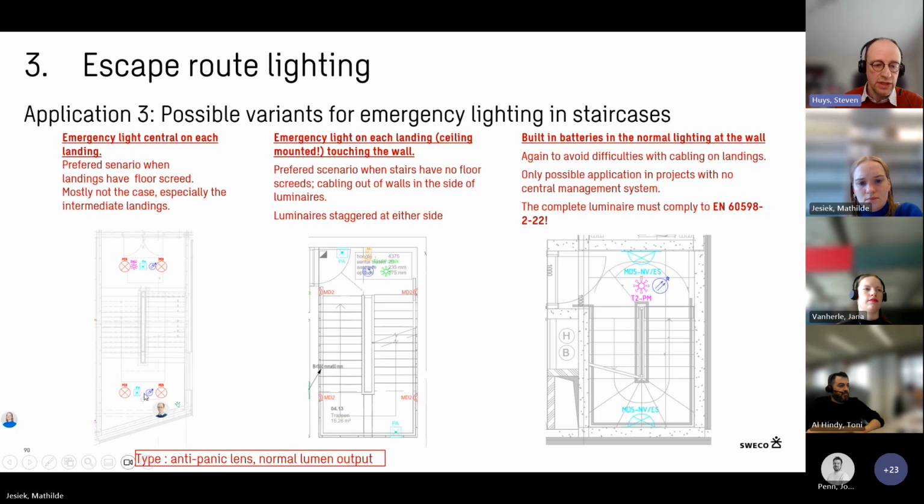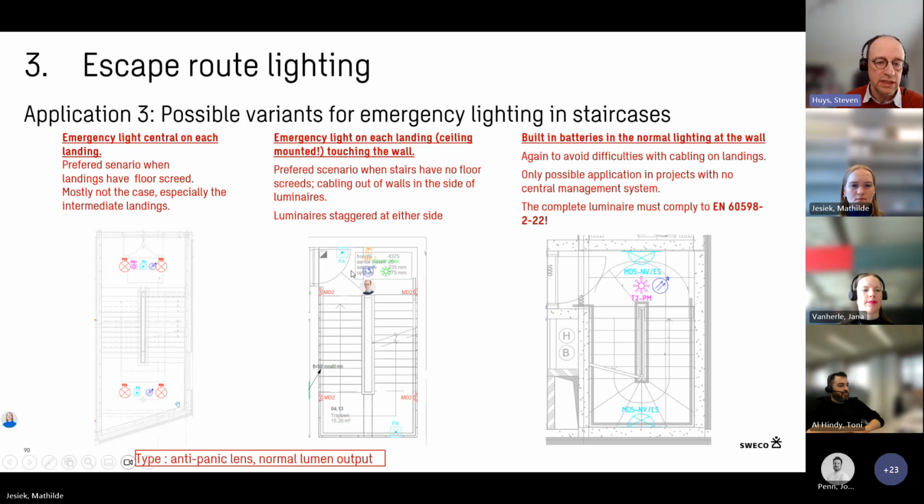You could choose between an anti-panic lens or a normal escape route lens. It doesn't make a lot of difference. You meet again the one lux on the steps and on the landings. But mostly this is not the case, especially on the intermediate landings. You don't have screed there.